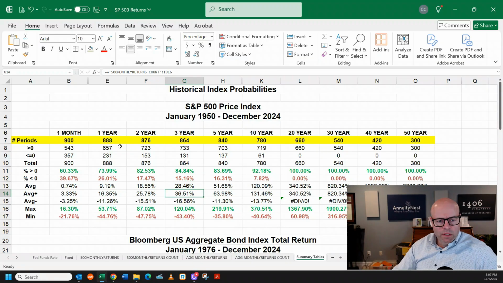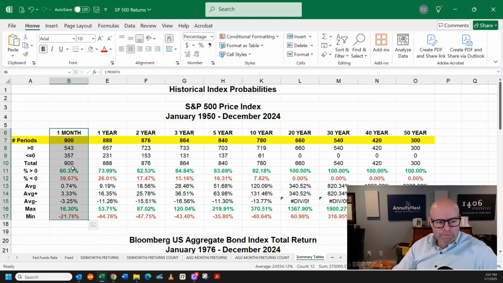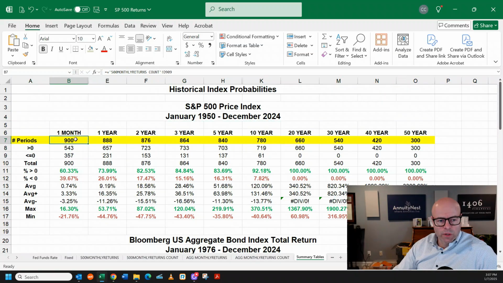So let's start at the beginning with 1 month. Since January 1950 through December 2024, there's been 900 months, right? So 75 years, times 12 is 900 months. 543 months have been greater than zero. 357 months have been less than zero.